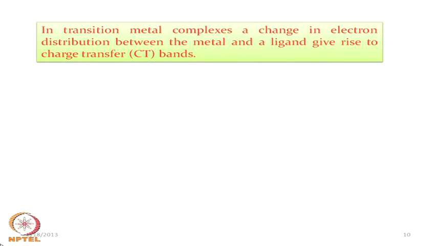So in such transition metal complexes, a change in electron distribution between the metal and the ligand can give rise to the corresponding charge transfer bands. How do we get that? These levels involve the metal as well as the ligand.